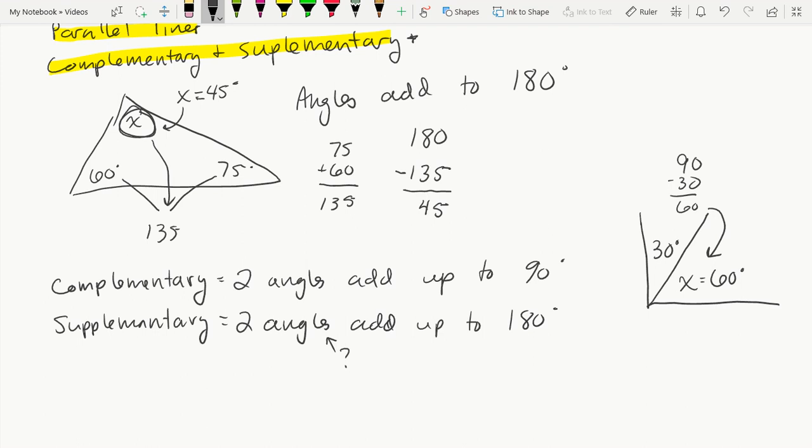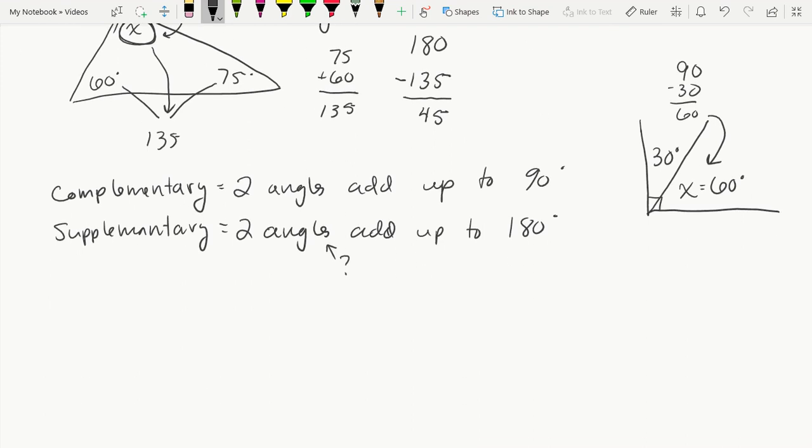So now, instead of thinking about this right angle up here, I want to think about a straight angle or a straight line. Now, a supplementary is going to split that straight line into two parts. Okay, so let's just say that this is 70 degrees. So a supplementary question might ask, well, what angle is supplementary to 70?